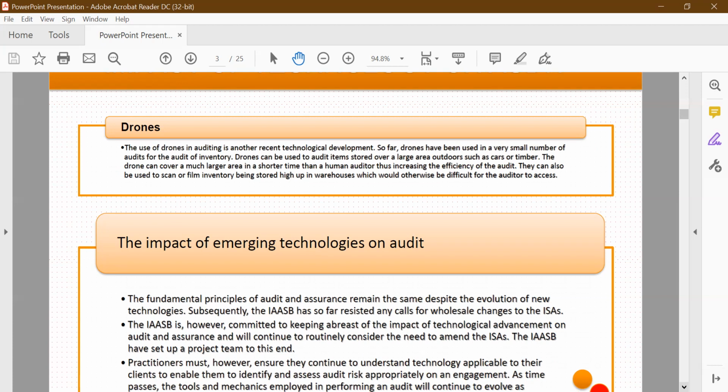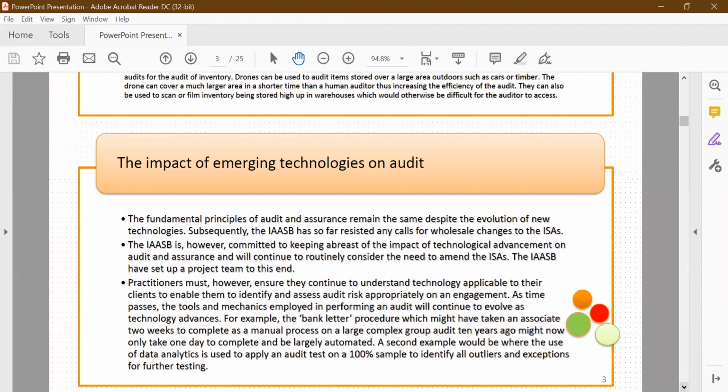And that increases efficiency. They can also be used to scan or film inventory that is stored high up in warehouses, which will otherwise be difficult for the auditor to access. All right, so drones are now being used to audit inventory because they are more efficient in that regard.